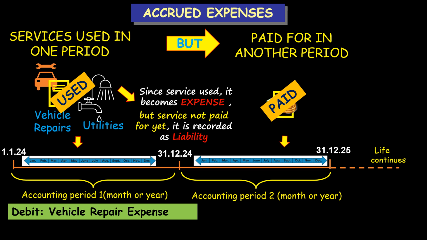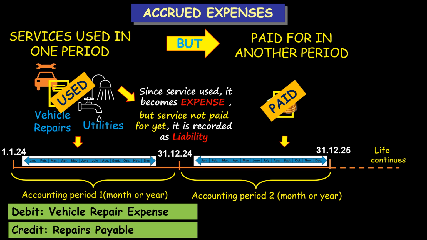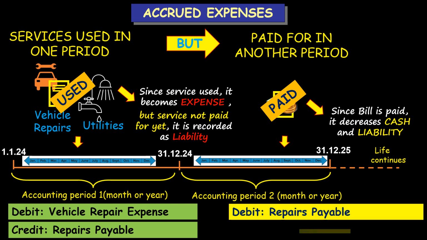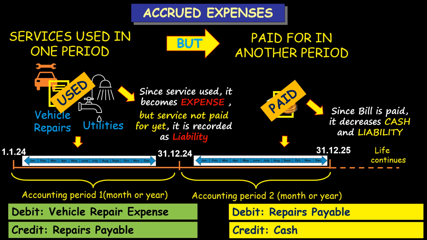Now we add the name of the service that is used to the word payable. So we will have repairs payable credited or utilities payable credited. In period number 2, say February, when it is paid, that will decrease our cash and will decrease the liability as well. So we are going to debit repairs payable and credit cash.